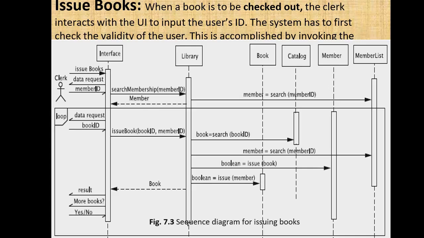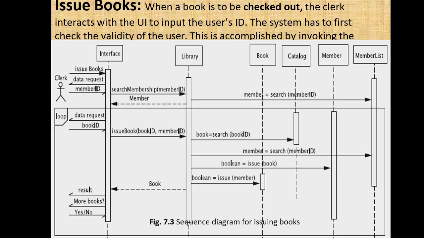The actor will give its member ID, then search member checks whether the client is valid or not, based on the member ID. It will check in the member list, and the same thing is sent to the interface.